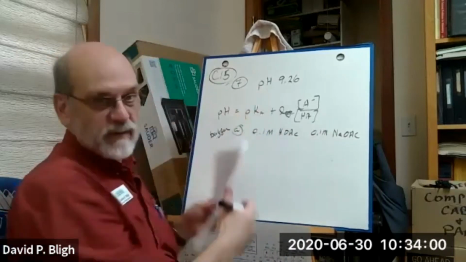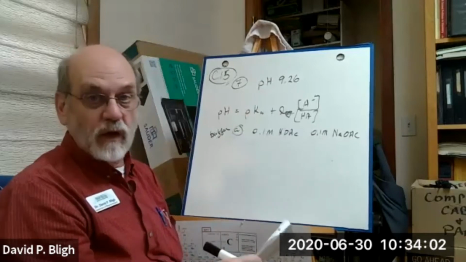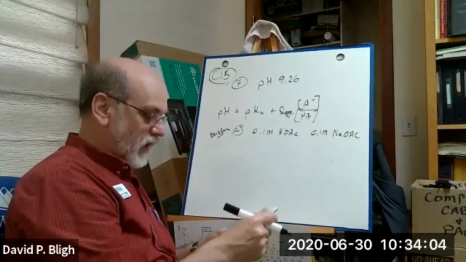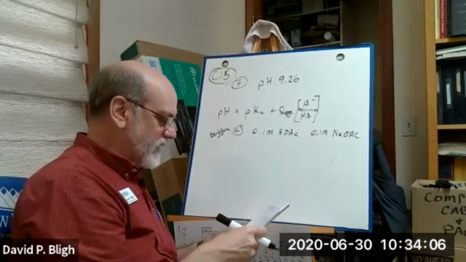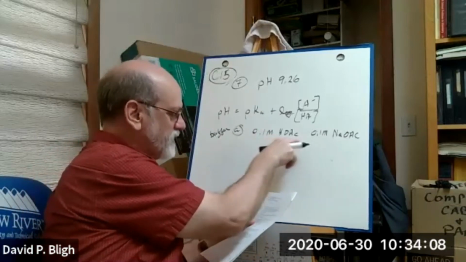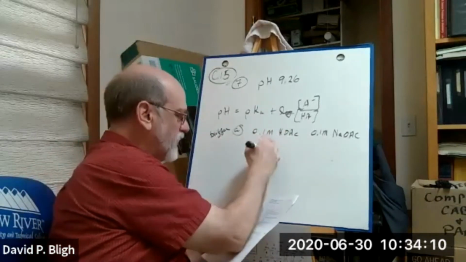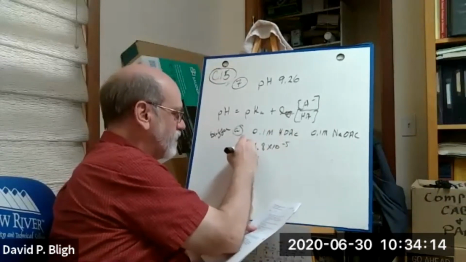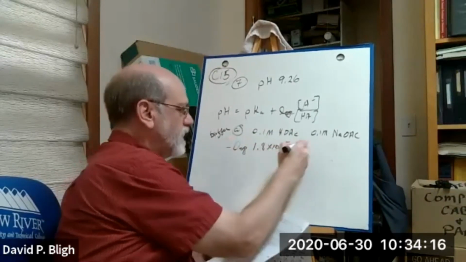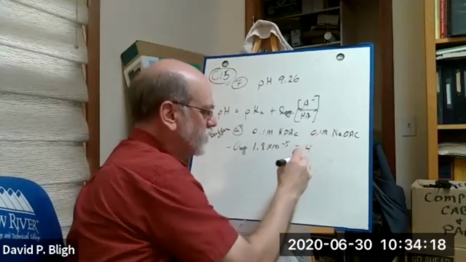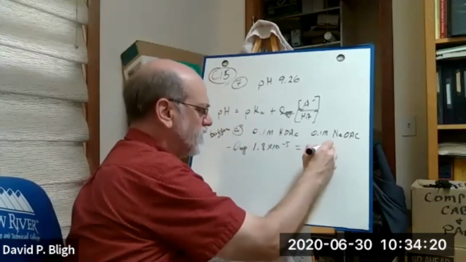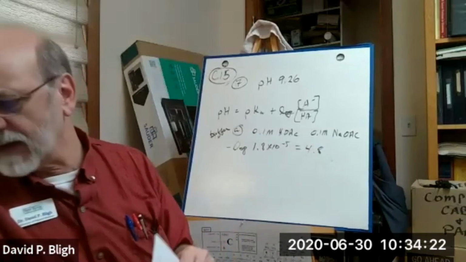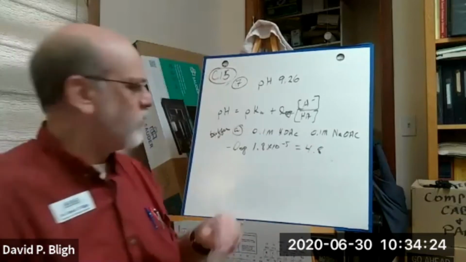But is it at the right pH? Well, no. All you have to do is take the Ka of this acid at 1.8 times 10 to the minus 5, take the negative log of it, and you end up with something in the neighborhood of 4.8, I think, something like that. 4.74.